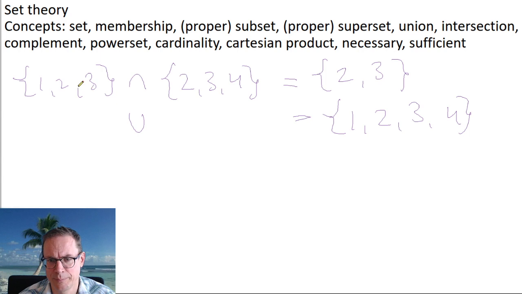Clearly, you don't have to put 2 and 3 in there twice, because again, sets care about what's in them, and if you write down a number twice, it's either in there or it's not. It cannot be in there twice.